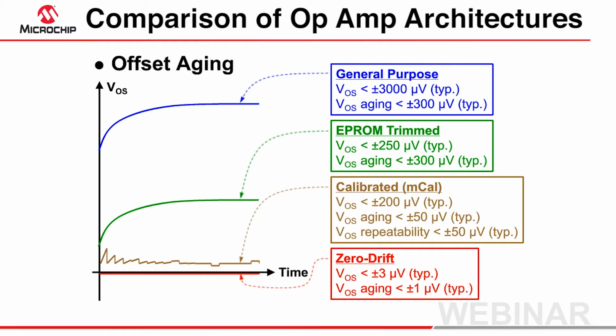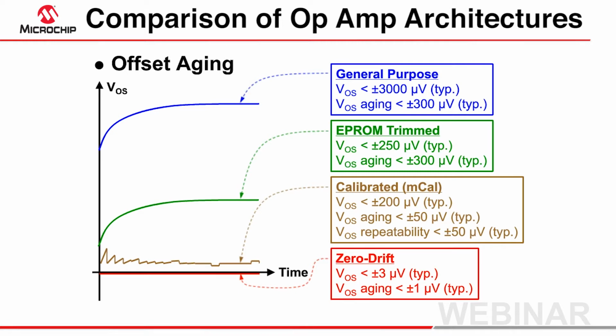Next is a trimmed amplifier. I call out EEPROM trimming, but this is also true for amplifiers that use other trimming techniques, such as laser trimming at the wafer level. The initial offset is much lower due to the trimming, but this architecture will still be affected by time, same as the general purpose amplifiers.